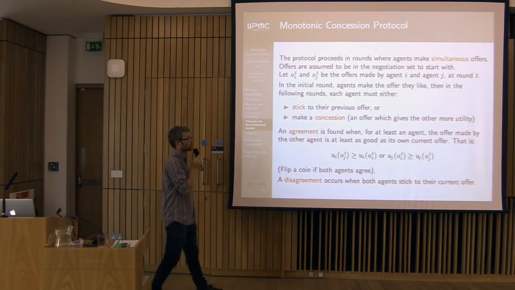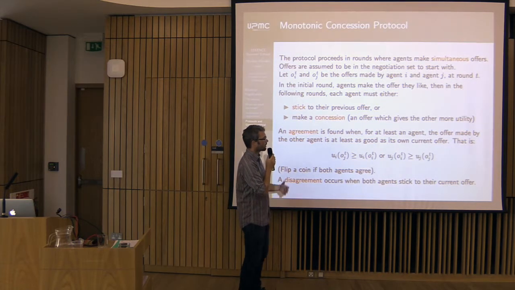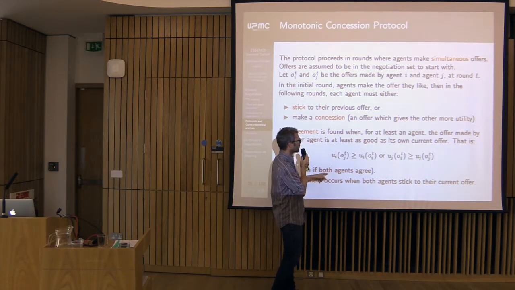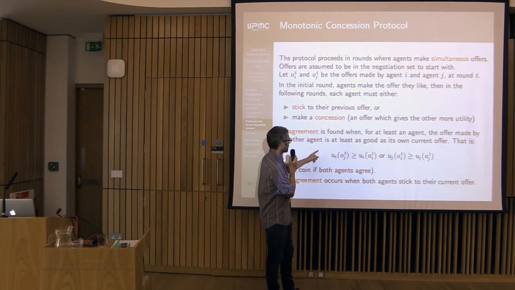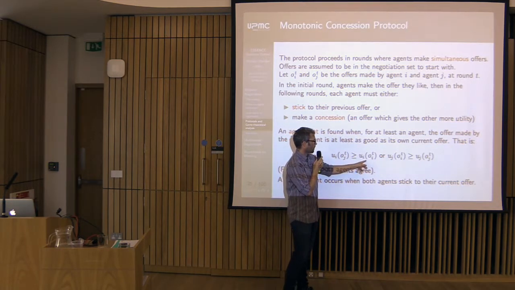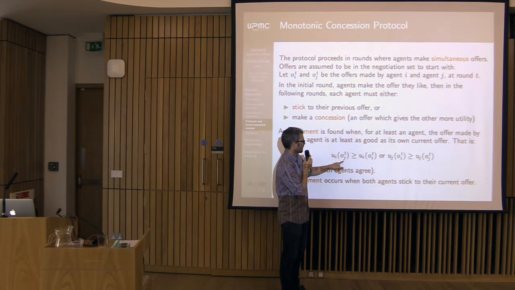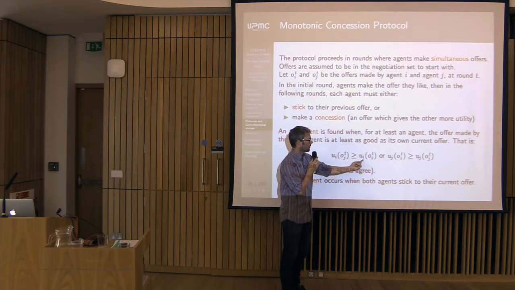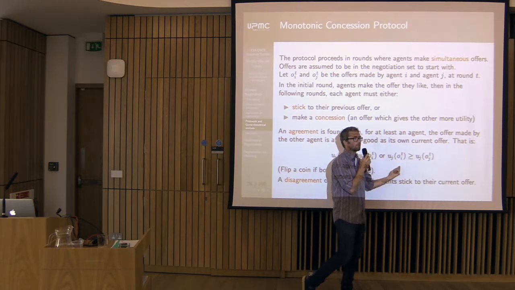And when do we find an agreement? An agreement is found when, for at least one agent, the offer made by the other agent is at least as good as its own current offer. So, agent i has current offer O_i^t, and the other agent proposes an offer that is at least as good, so that's an agreement, or the other way around.